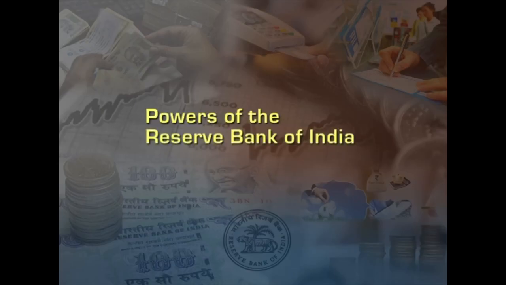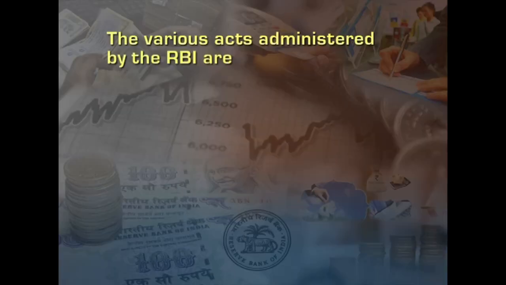Viewers, we will now learn about the powers of the Reserve Bank of India. The RBI has massive powers to discharge its functions under the RBI Act and also other related legislations. The various acts administered by the RBI are as follows.